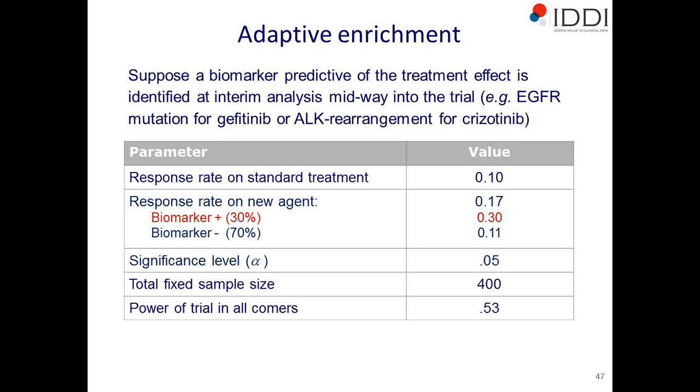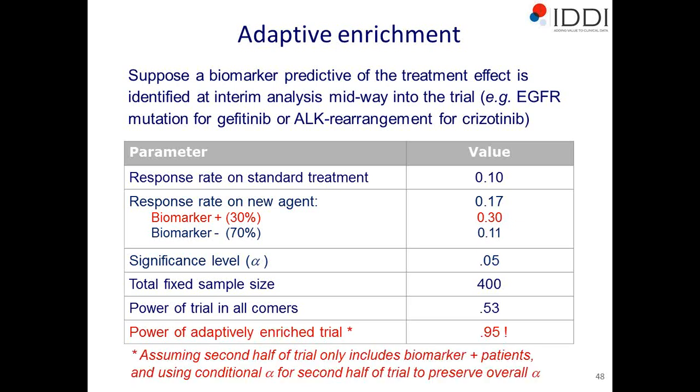So you could imagine that this 17% response rate on the new agent can be seen as a weighted average of a rather high response rate, 30% in a biomarker positive group, which constitutes about 30% of your population, and a rather disappointing response rate of 11% in a biomarker negative subgroup, which constitutes 70% of your population. So the 17% is due to this weighted average.